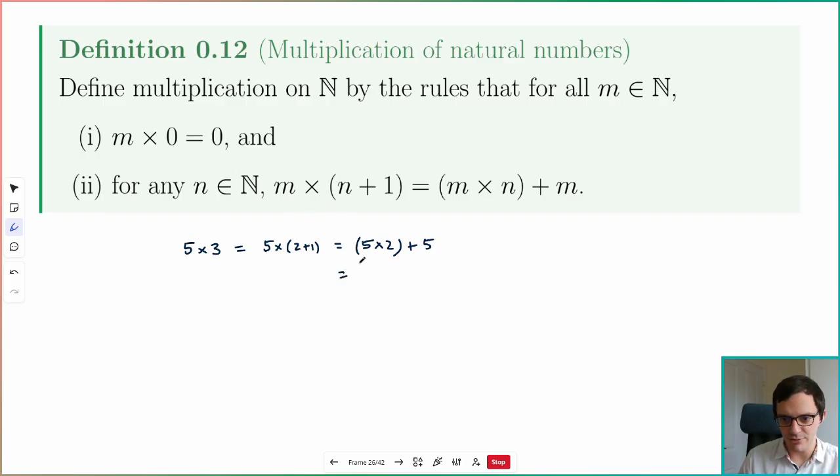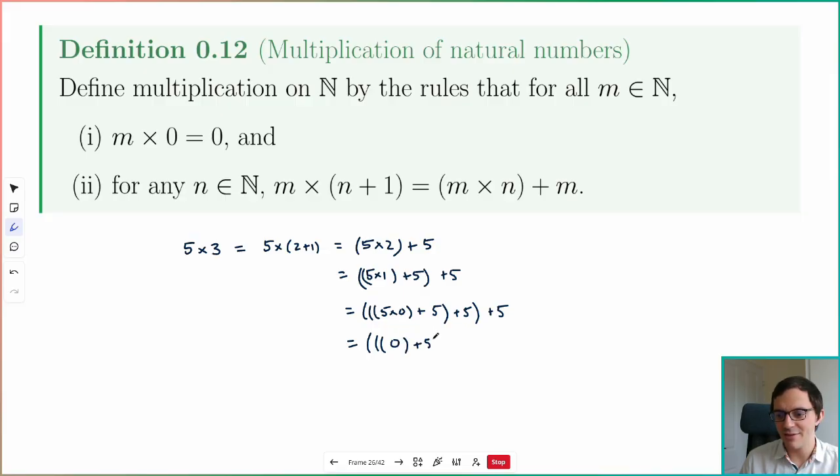It's time to use the definition again. This is 5 times 1 plus 5 plus another 5. And then recursively down here, 5 times 0 plus 5 plus 5 plus 5. Now I get to use the first part of the definition to say that this thing buried inside all of these brackets is 0.